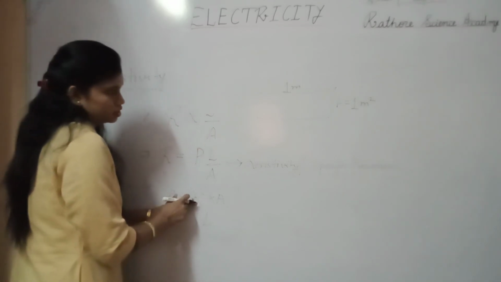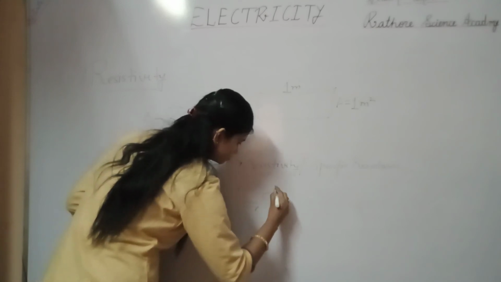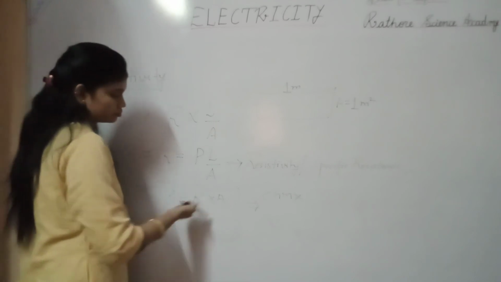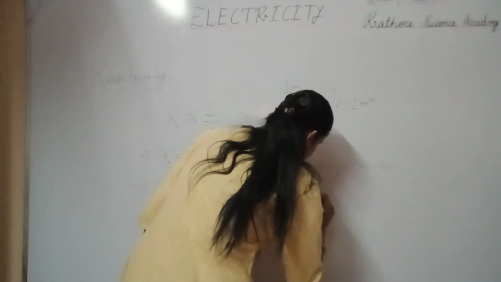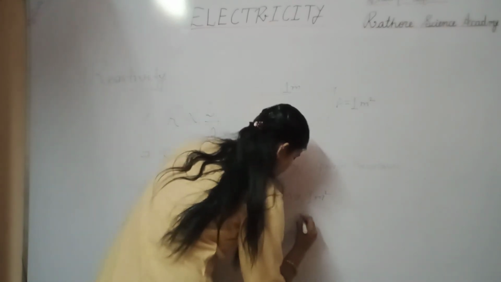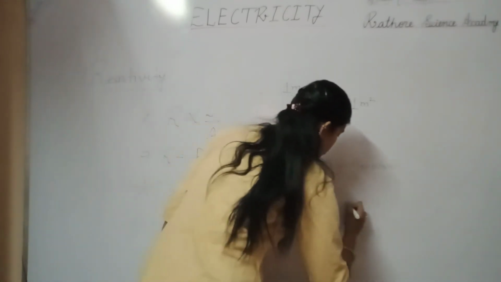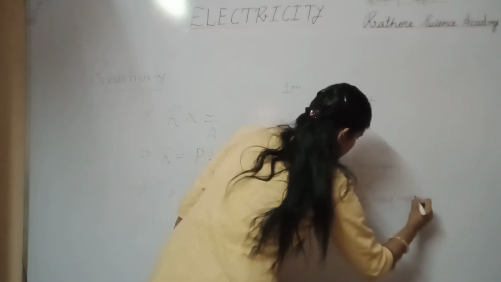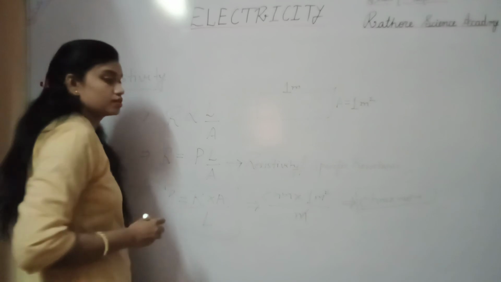The unit of resistance is ohm, and the unit of area of cross section is meter square, and length in meter, cross it out. So the unit of resistivity is ohm meter. Ohm meter is the SI unit.